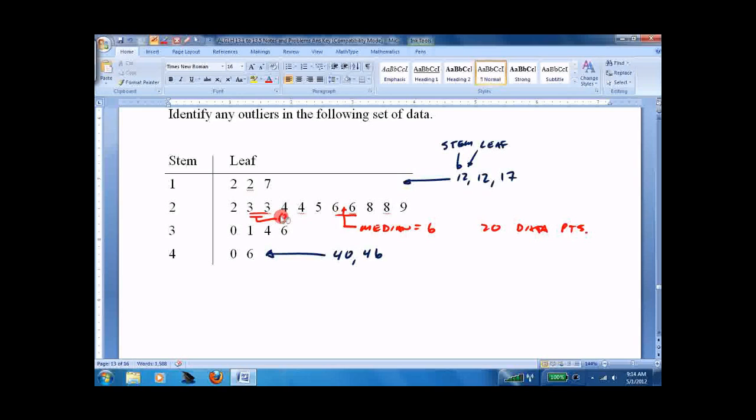Same thing up here between 5 and 6. Q1 is 23, median is 26. I think I've done my math wrong. 1, 2, 3, 4. Yep, off by a little bit there. So Q3 is halfway between 30 and 31, which is just 30.5.